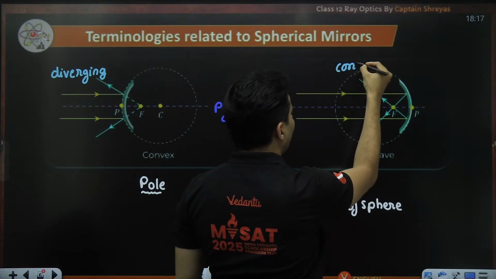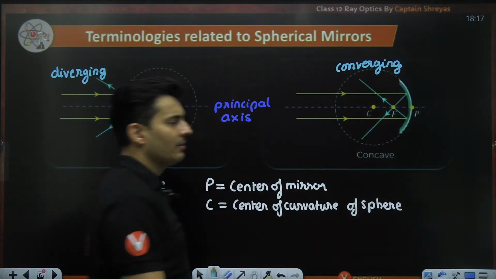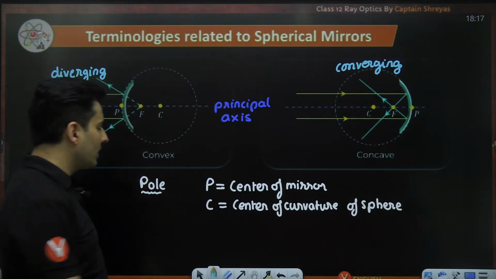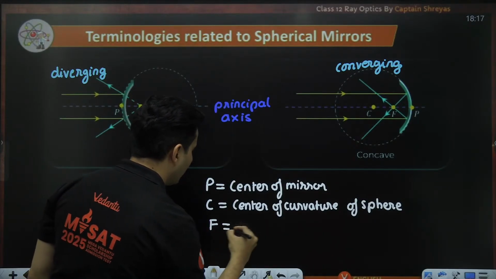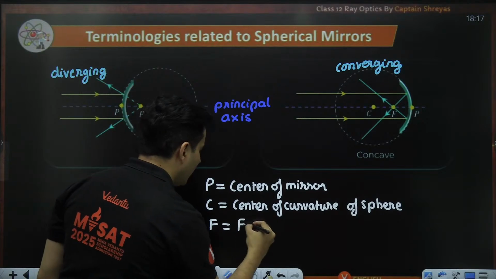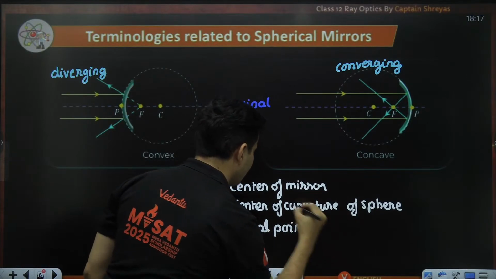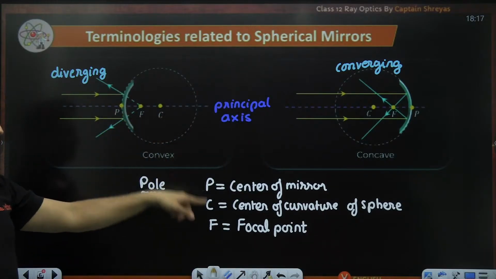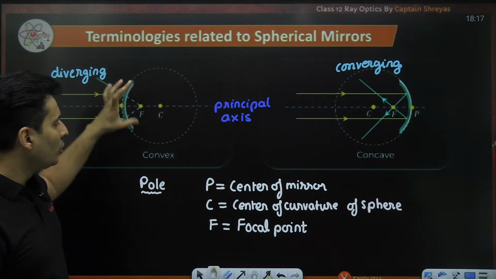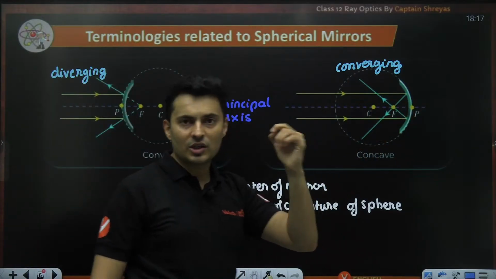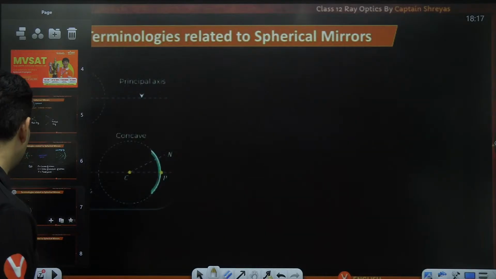So it is also called a converging mirror. The point of convergence F is called the focal point. Keep all these things in mind. The point of convergence or divergence, wherever the rays attempt to meet or actually meet, is called the focal point. All these are basic terminologies.